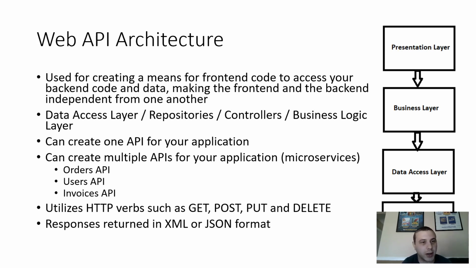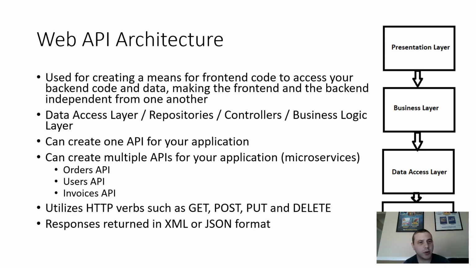And then after the business layer, we have the data access layer. This is where the DAL layer is, as well as the repository, and then you have the data store right underneath it. So this can be like a database, a file, whatever, some sort of data store.